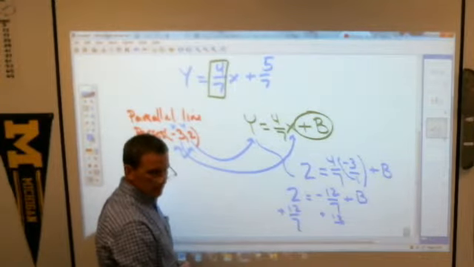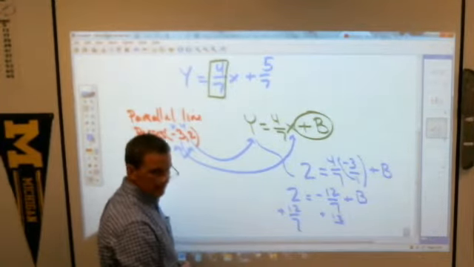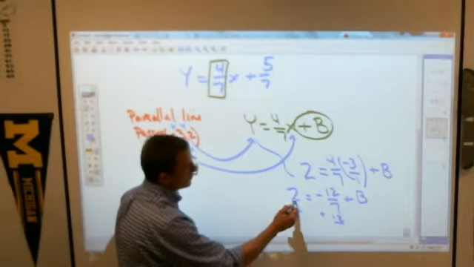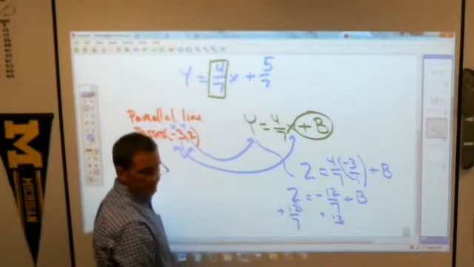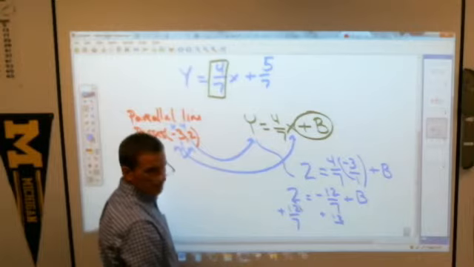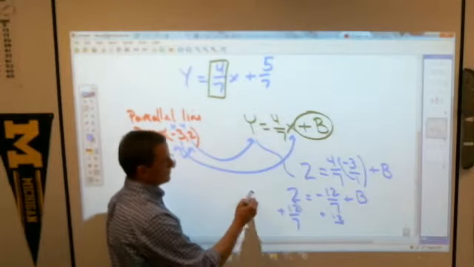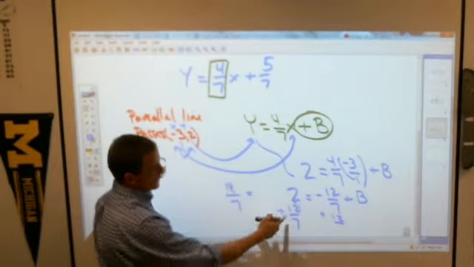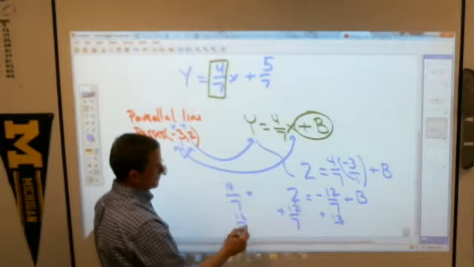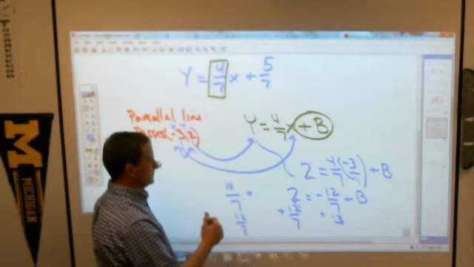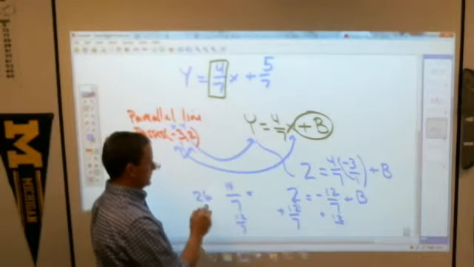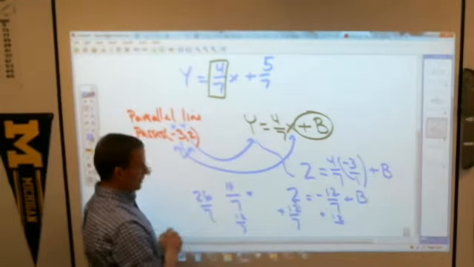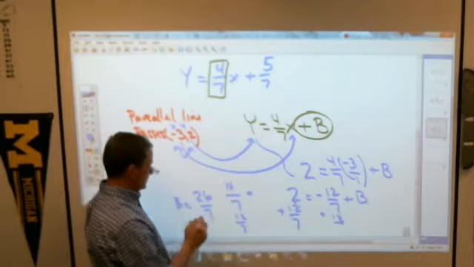You can make the 2 a fraction, 2 over 1, but now how do I add them together? Common denominator, which is 7. This is 14 sevenths, that's 2. This is 12 sevenths. I add them together and I get 26 sevenths. It's not pretty, but that's what the letter b is.